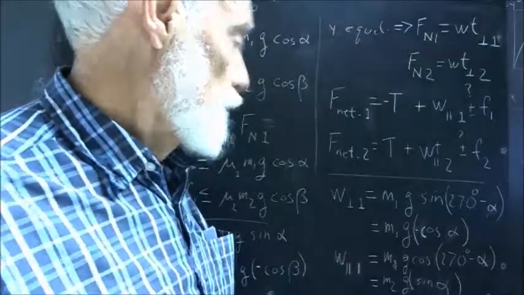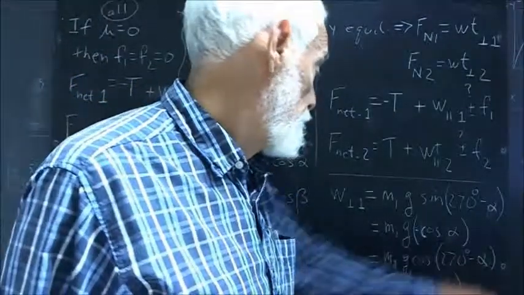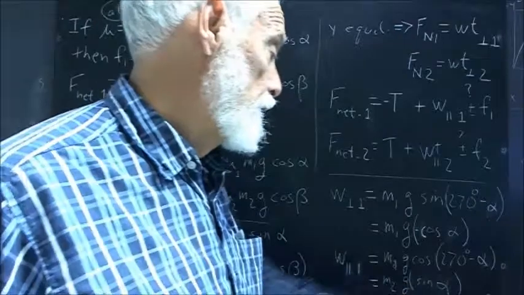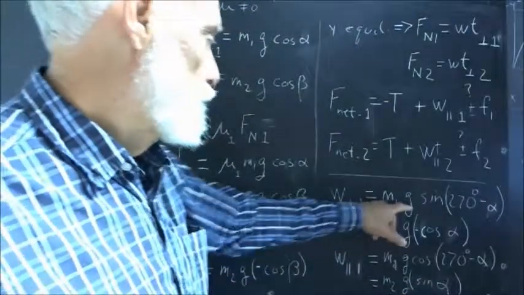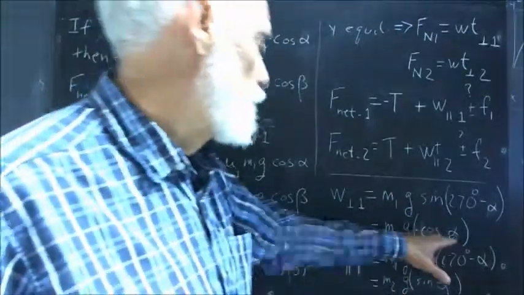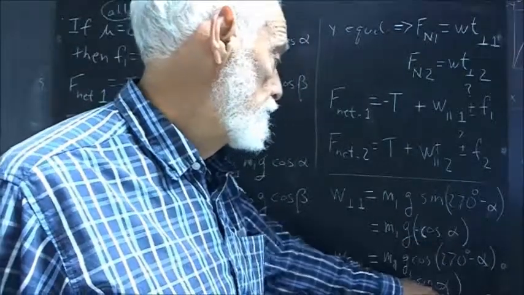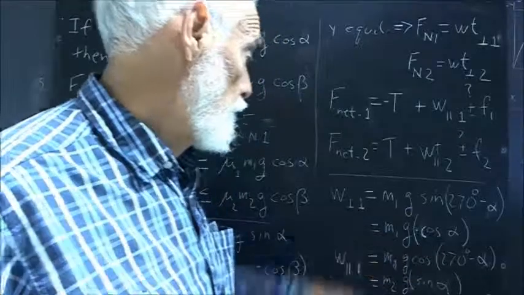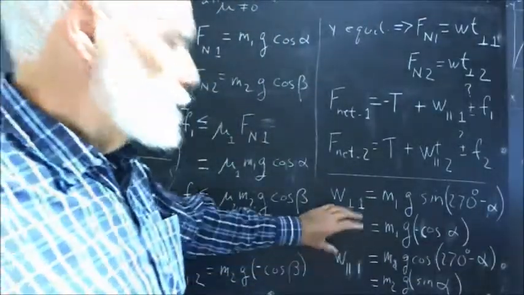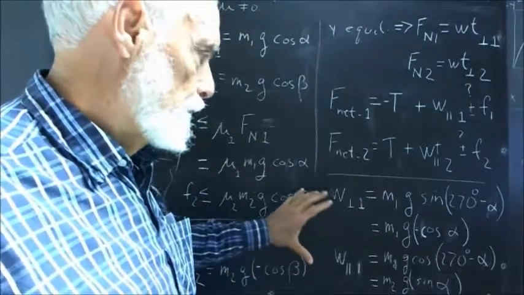Here, a similar argument: the cosine of 270 minus alpha is equal to the sine of alpha. So that is what gives us our m1g cosine alpha here, m2g sine alpha here with the negative on this one.